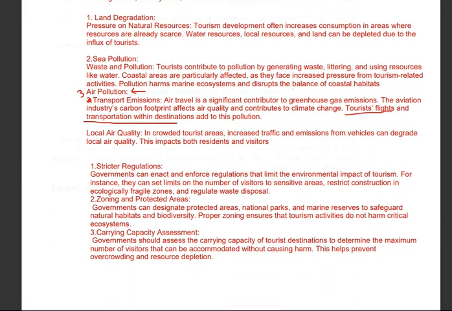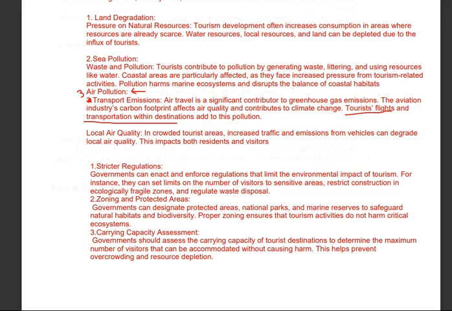And another one here would be carrying capacity assessment, where the government should assess the carrying capacity of the tourist destination to determine the maximum number of visitors that can be accommodated without causing harm. So if, for example, the government wanted to implement around 200 or 500 tourists, the government wants to ensure that the 500 would not be a limit, but it would not affect the environment.